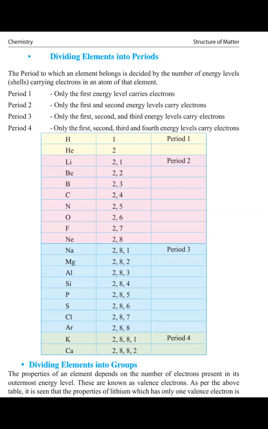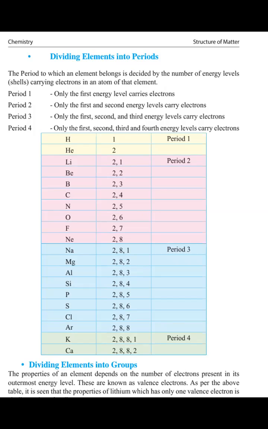Now period 1, the first row, hydrogen, helium: only the first energy level has electrons. Period 2: there are 2 energy levels. It means 2 energy levels are occupied with electrons.